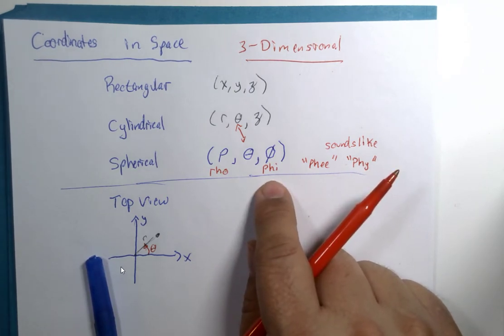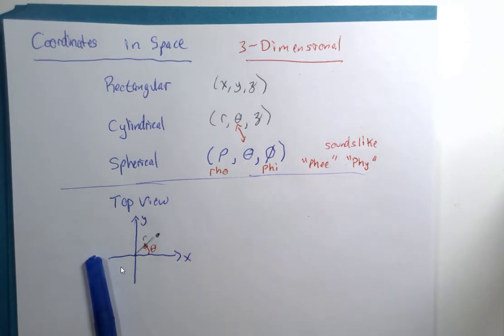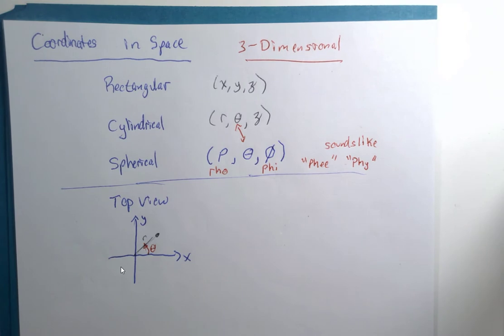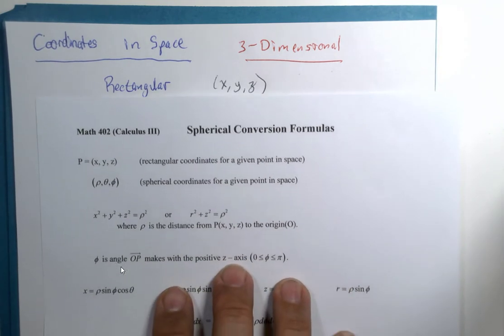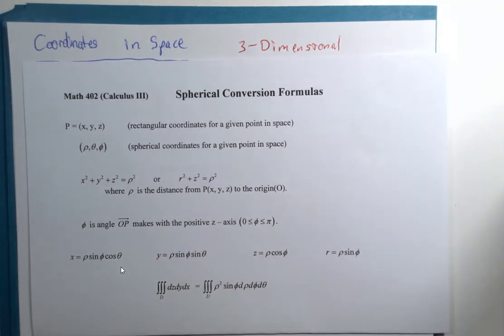Now let me show you how these three work, but before I do that little introduction visually, my students have access to a little formula sheet, but this formula sheet is nothing more than conversion formulas taken out of any multivariable calculus textbook or any source that talks about spherical conversion formulas online. I'm just going to put this up here really quickly so people can get a glimpse of it.